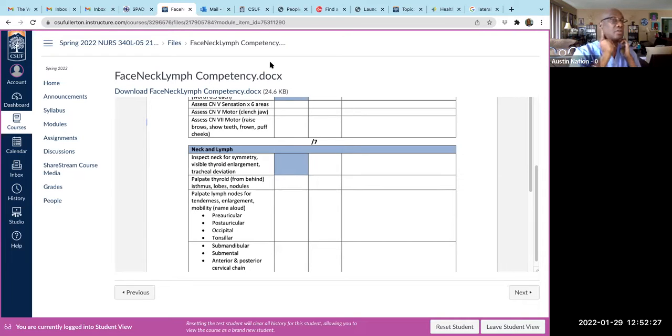The anterior cervical chain is on the neck, up and down, right in front of that muscle. Posterior cervical chain in the back of that area.